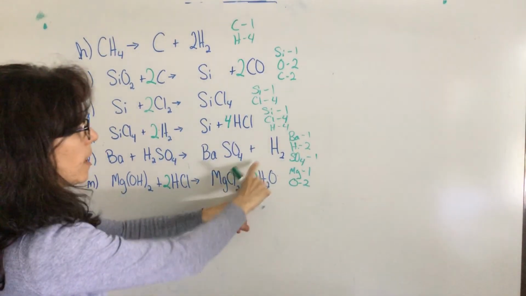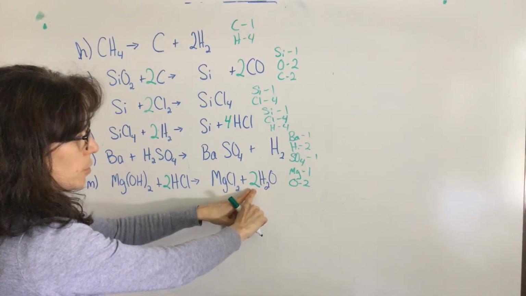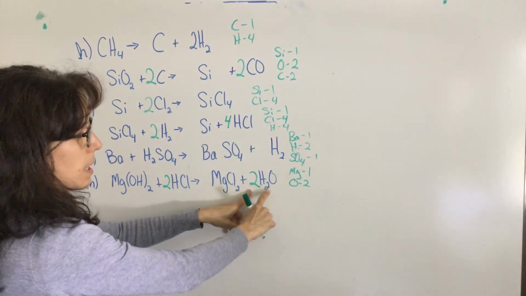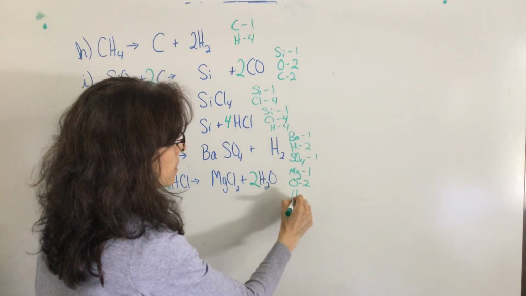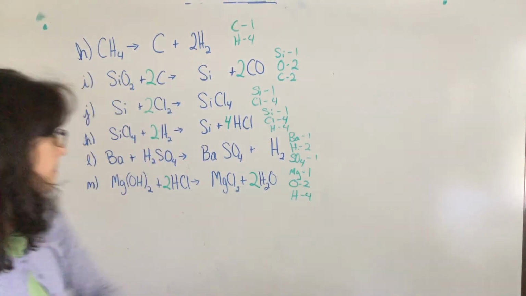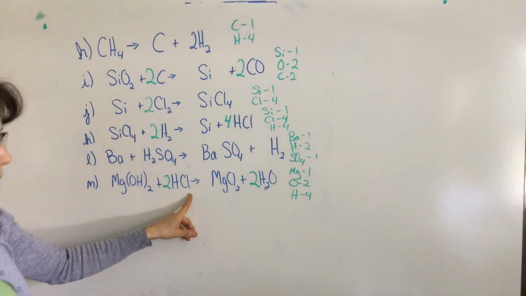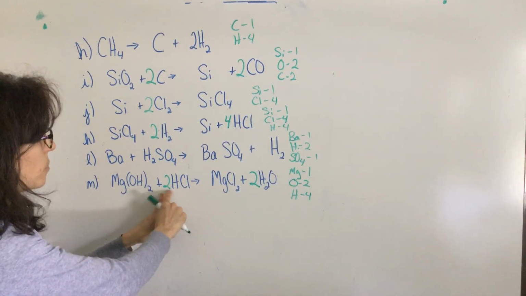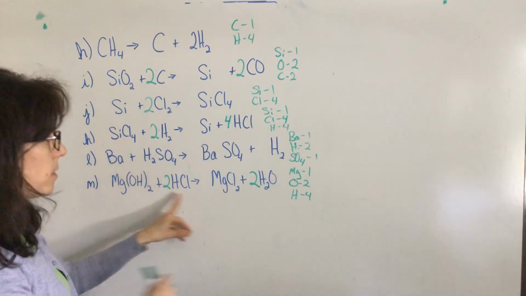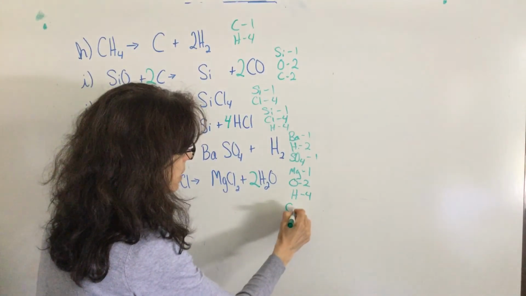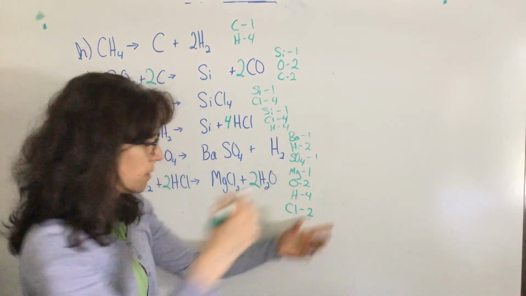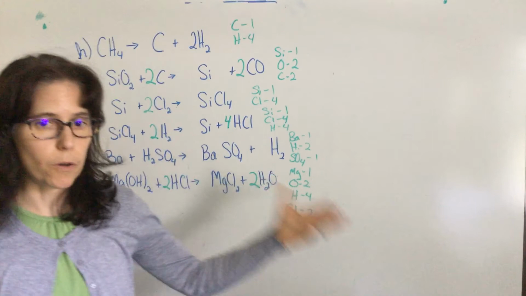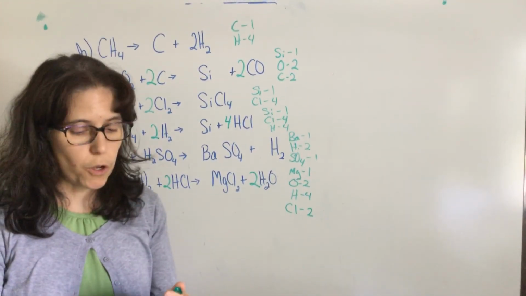Oh, and here we have 2 water molecules, 2 times 2, the coefficient times the subscript, is giving us 4. How about the last one right here? We have 2 hydrochloric acid molecules, so 2 times 1 is 2, and 2 chlorine in our magnesium chloride, so that balances out.